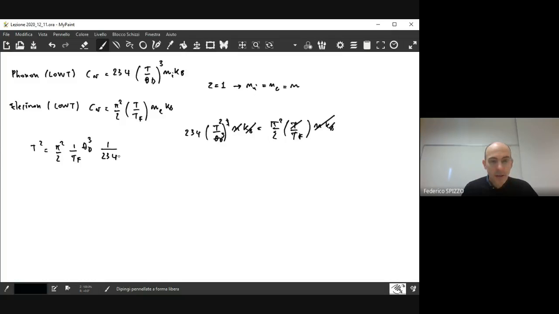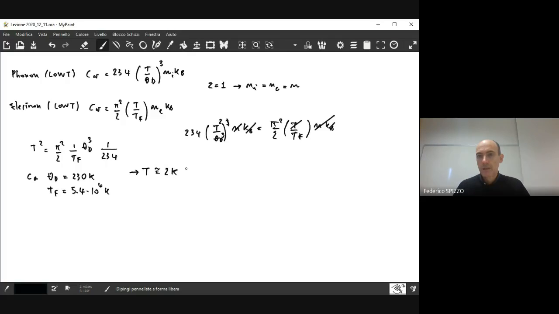If we insert here some values, the parameters for calcium, in this case, the Debye temperature is 230 Kelvin, and the Fermi temperature is equal to 5.4 times 10 to the 4 Kelvin. So if we set those parameters here, what we have is that T is equal to about 2 Kelvin.